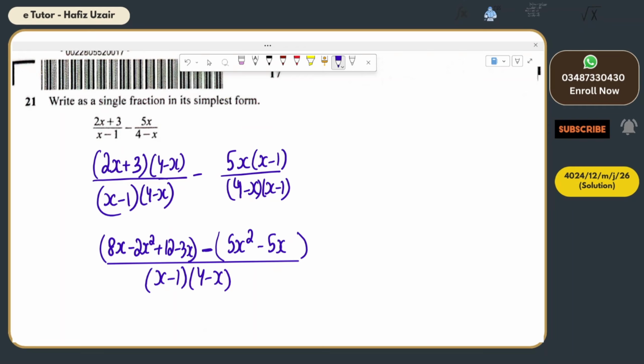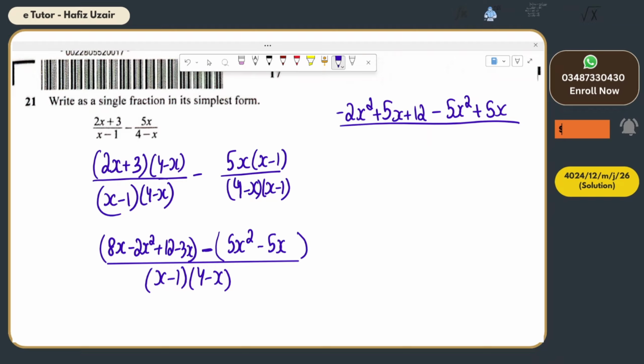And now you have minus 2x square plus 5x plus 12 minus 5x square plus 5x over x minus 1 into 4 minus x.